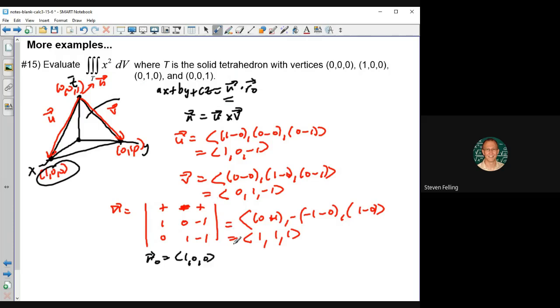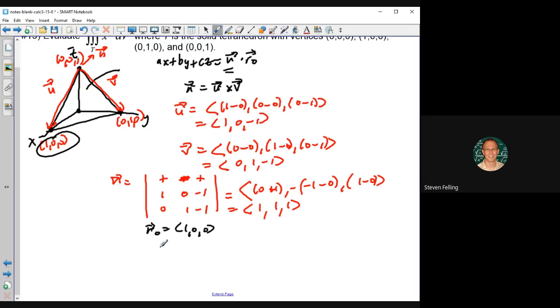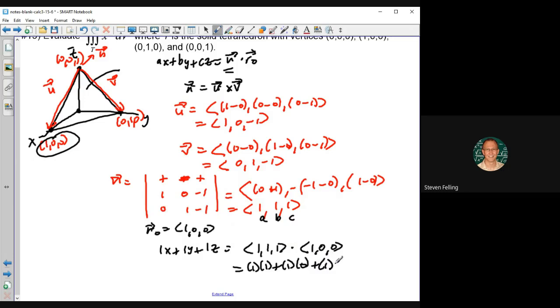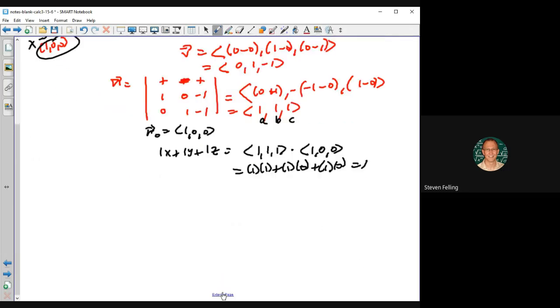Then the plane equation is ax plus by plus cz, where a, b, and c are the normal components, equals n dot r0, which is 1 times 1 plus 1 times 0 plus 1 times 0, which is 1. That gives me the equation x plus y plus z equals 1, which in the last example we were given in the problem. But if we weren't given this in the problem, we could solve it that way.